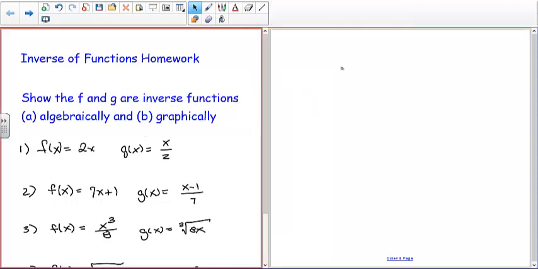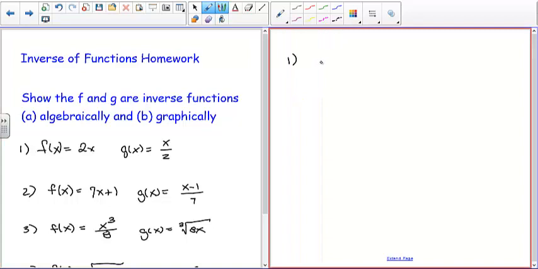So remember, the algebraic way is just to do f of g of x and g of f of x, and they should equal x. So f of g of x, for x we put in g of x, and you can see that the 2's cancel out, we get x.